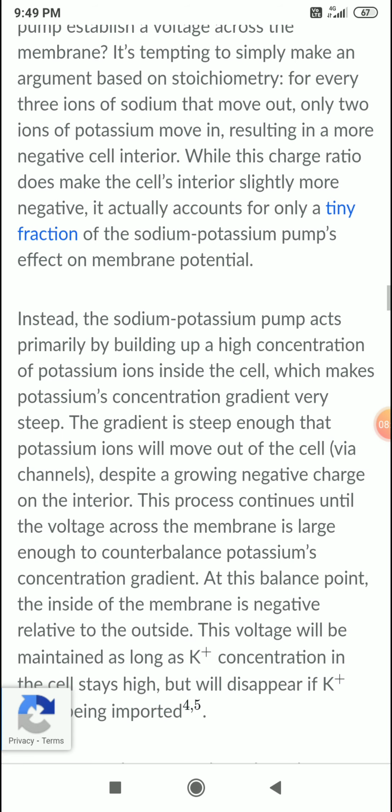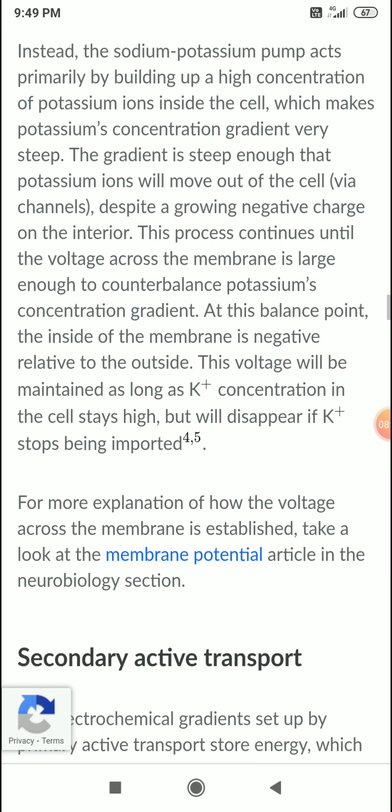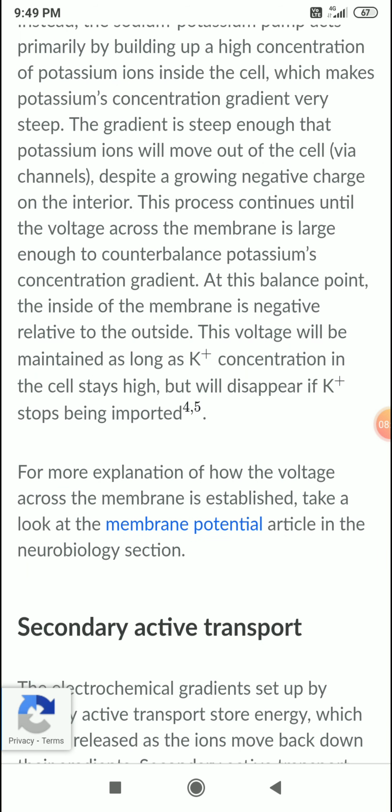This process continues until the voltage across the membrane is large enough to counterbalance potassium's concentration gradient. At this balance point, the inside of the membrane is negative relative to the outside. This voltage will be maintained as long as potassium concentration in the cell stays high, but will disappear if potassium stops being imported.